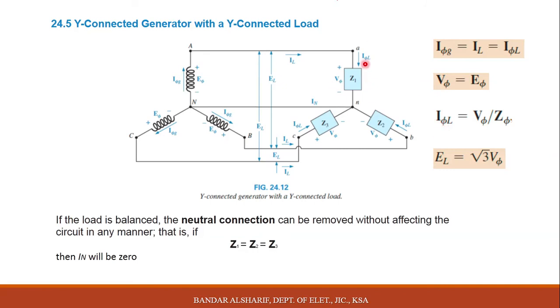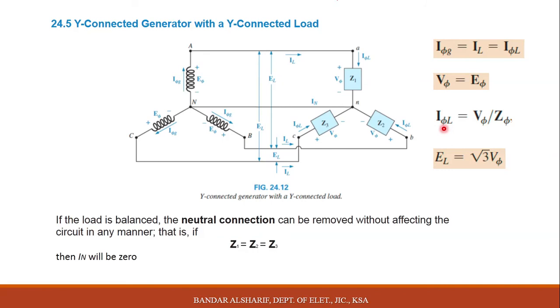What if you need to find the current I phase in the load? All your calculation will be by phase value. Don't use the line value. If you need to find I phase, you divide V phase by Z, and you will get I phase.